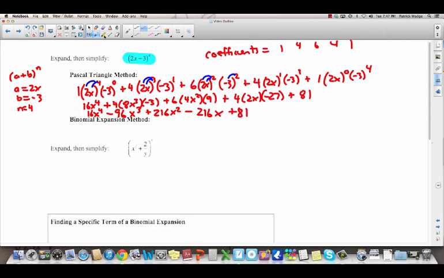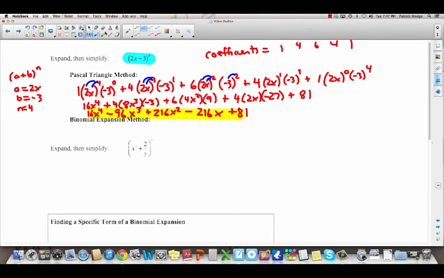We're finished. So this is what we would have gotten if we'd actually multiplied 2x minus 3 times 2x minus 3 times 2x minus 3 times 2x minus 3. I know that was a lot of work. I promise you it was way faster than doing it the other way.